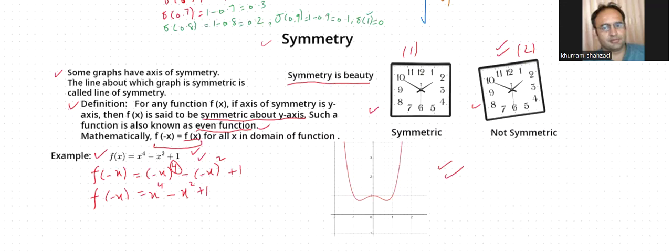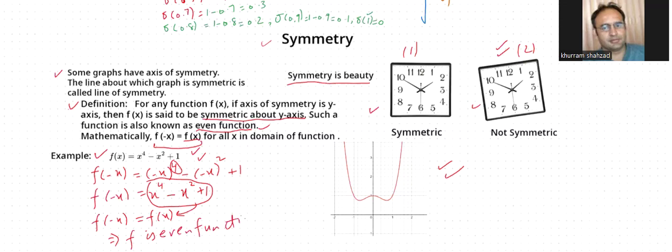So f of negative x is equal to f of x. This is the same function f of x. In place of this, we have written here f of x. So f of minus x is equal to f of x. So it means that this function f is an even function.